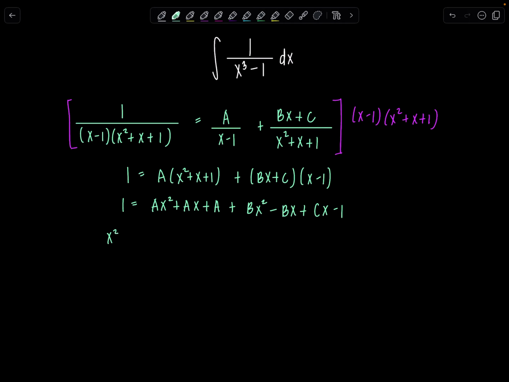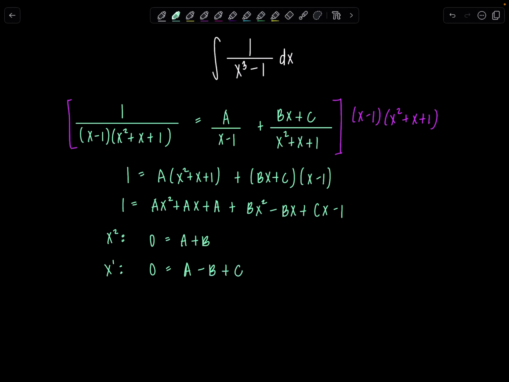All right, so let's equate the coefficients of like terms on both sides of the equation. There are no x squared terms on the left-hand side, so 0 must equal A plus B. X to the first, again, I don't see any on the left, so that has to equal A minus B plus C.